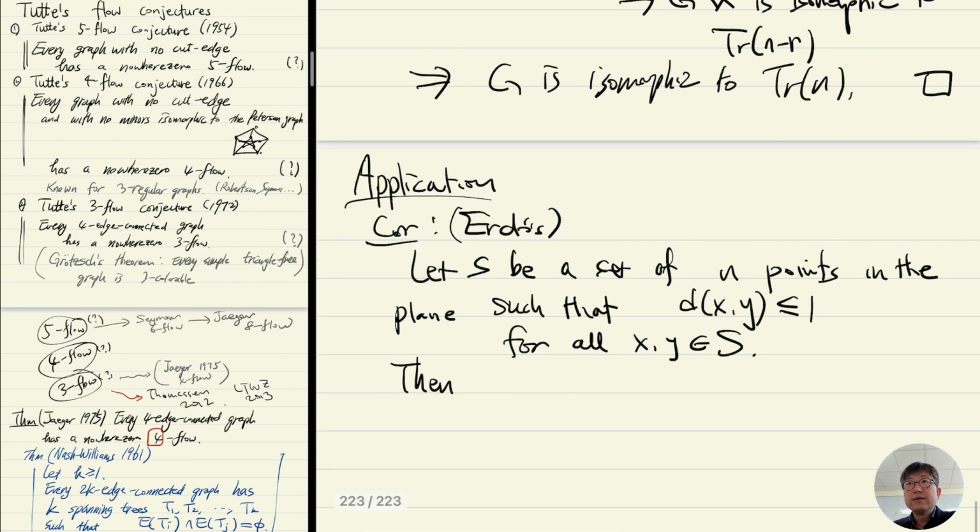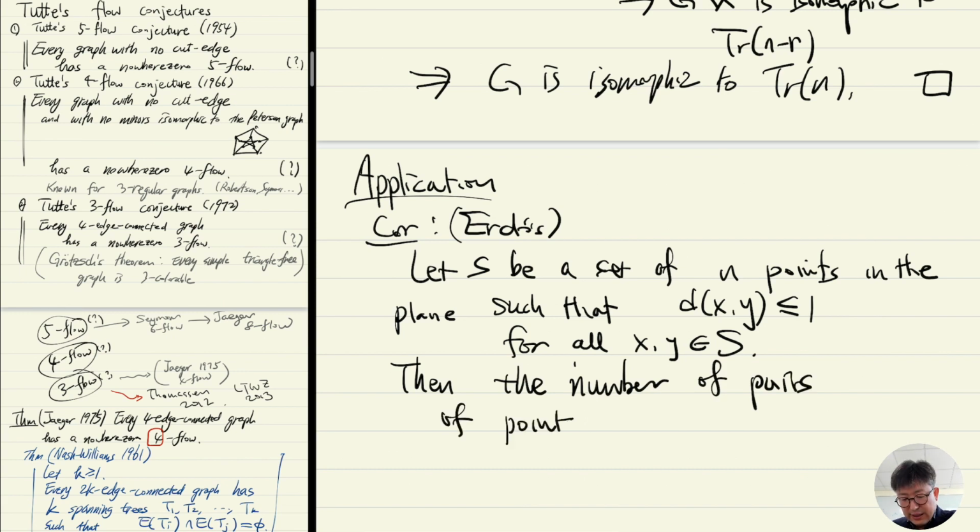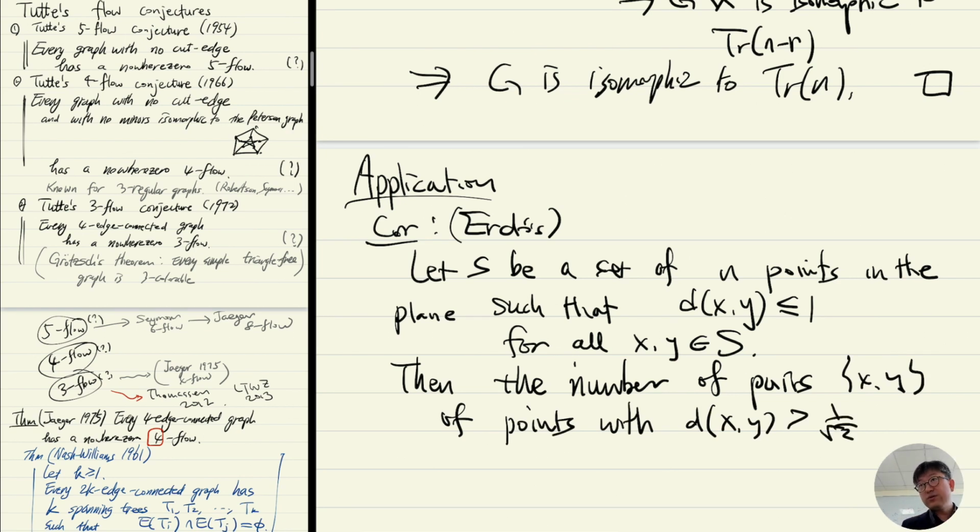Then the number of pairs x, y of points with distance bigger than 1 over square root 2 is at most n squared over 3.